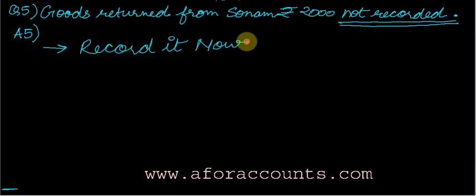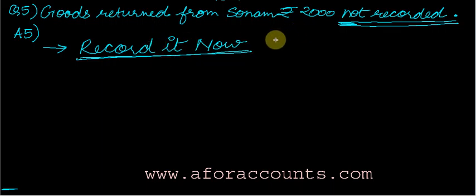If any entry has been passed regarding this which is wrong, then I need to rectify it. If the entry is not recorded only, what will I rectify? I will just record it now, and that is the only solution. So goods returned from Sonam 2000.